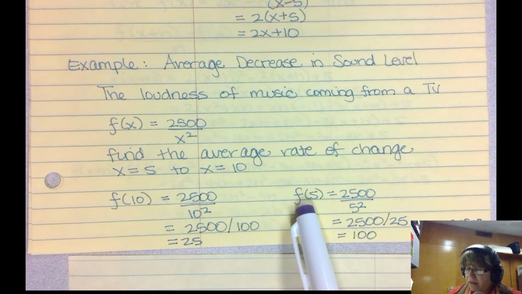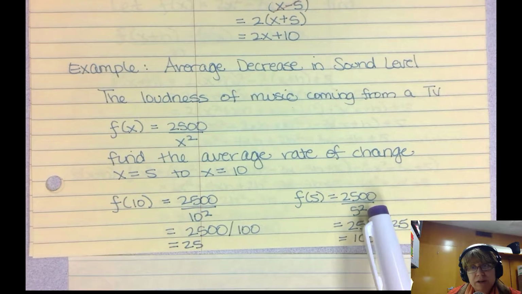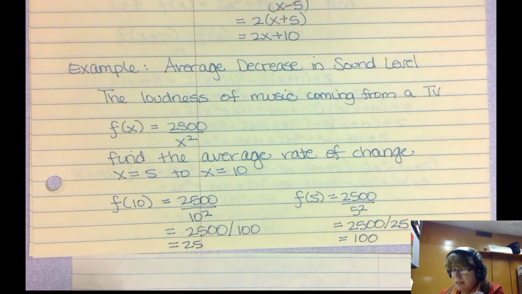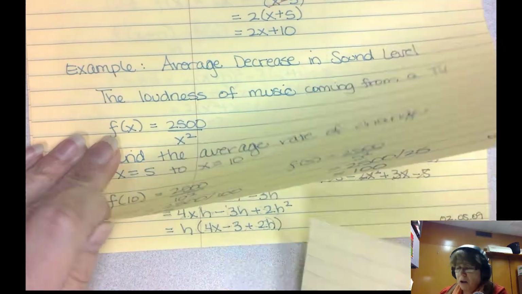F of 5 is 2500 divided by 5 squared. 5 squared is 25, so 2500 divided by 25 is 100. Now we have all those parts and pieces. We can move on to throwing it all into the formula.